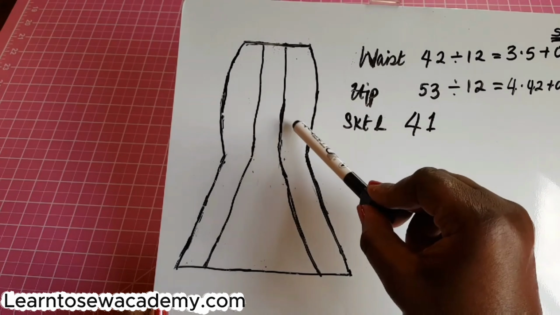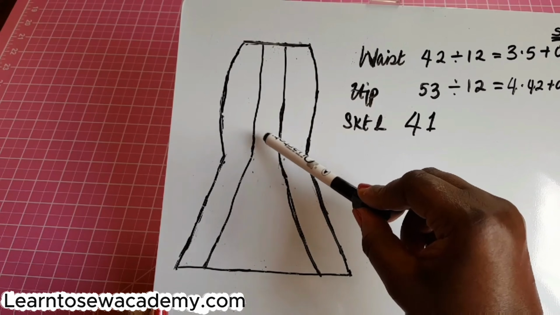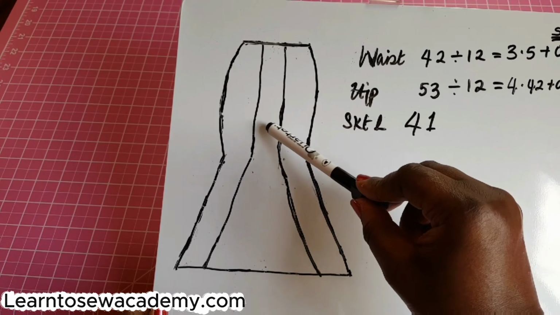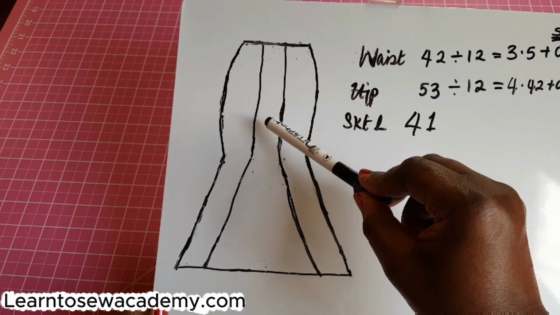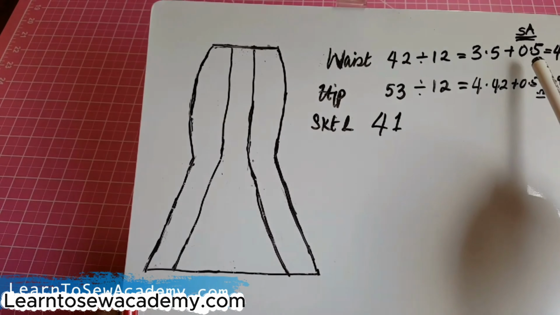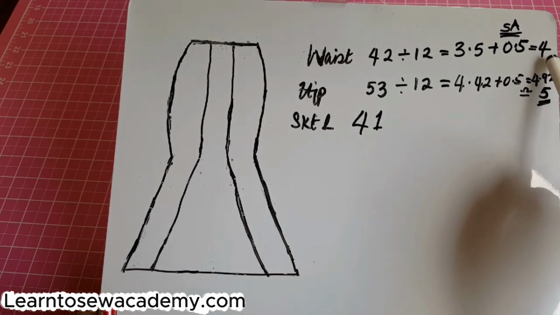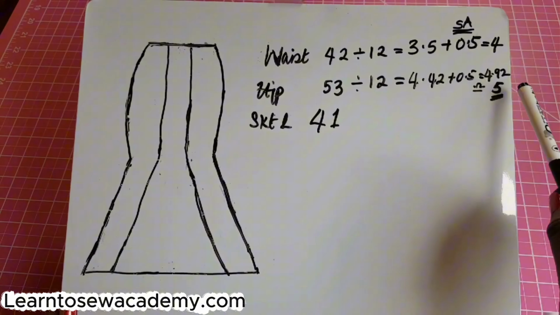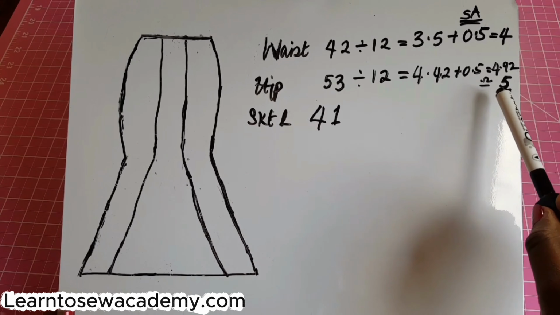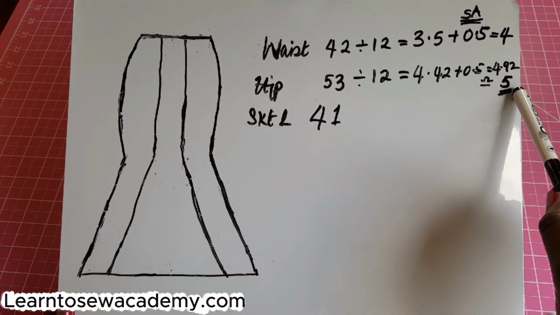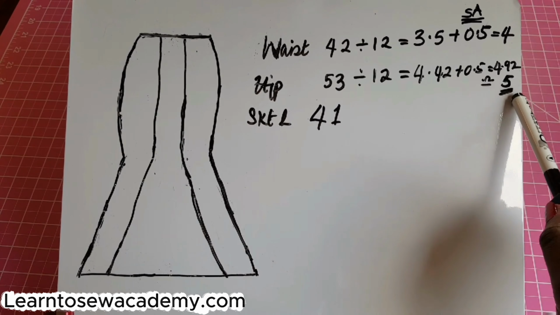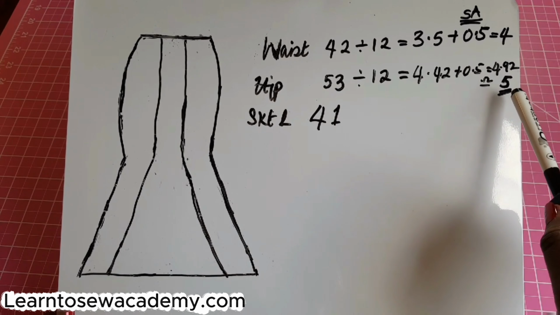And when we fold, we just need to measure that half an inch, because when we fold and cut, we're going to automatically have half an inch on both sides. So that is where the 0.5 comes in. So our total for the waist will be 4. Our total for our hip will be 4.92, which we are approximating to 5 inches, just to make it easy for you to find it on the tape measure.